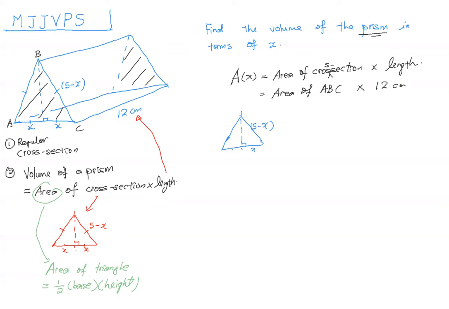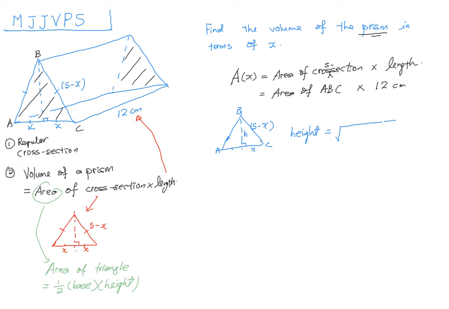Okay, so this one will be the height. So I say the height. How to find the height? Okay, you should know that this is a right angle triangle. You have to do Pythagoras theorem.